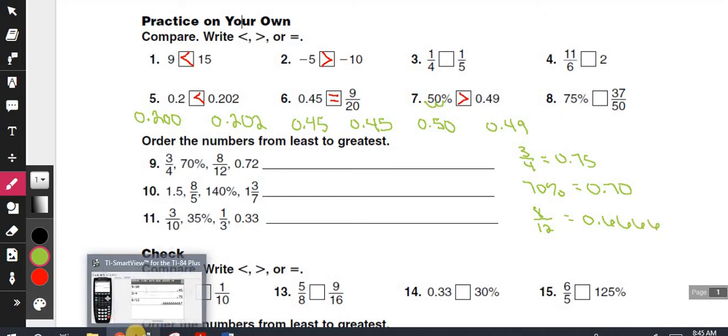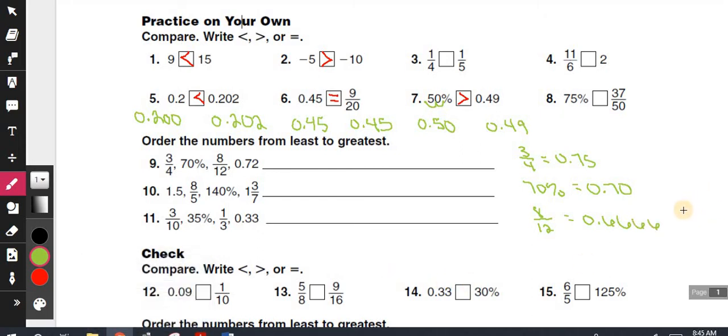It is repeating, but we want to make sure that if we have anything that's super close, we can then compare farther out if needed. And then we've got our 0.72, which is already in decimal form. So we're going to compare our 2 decimal places here.